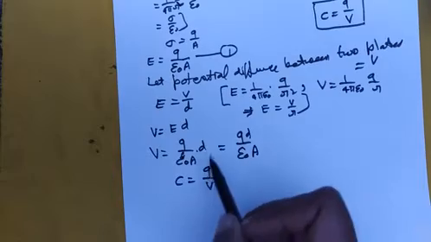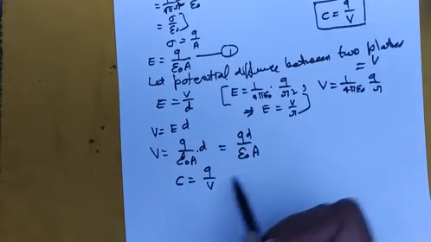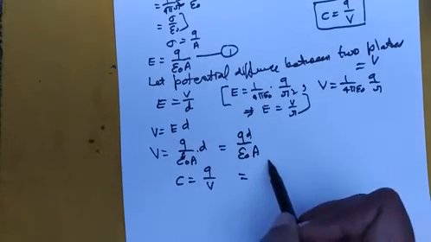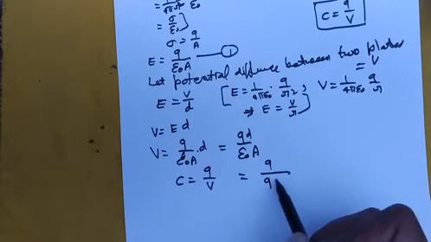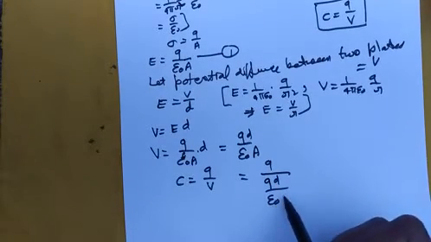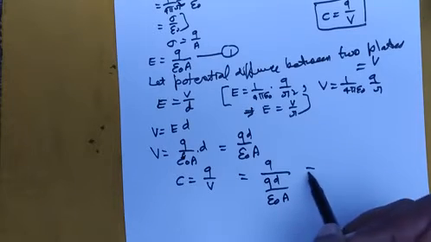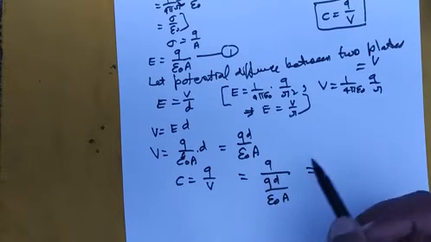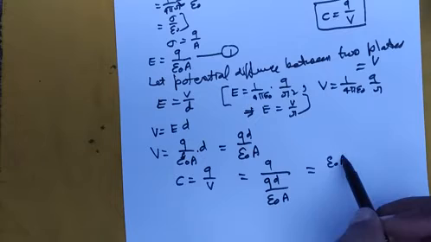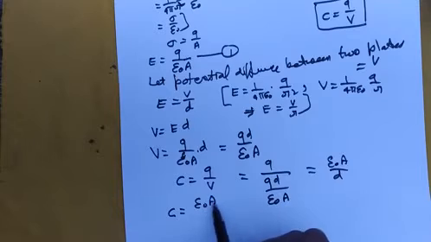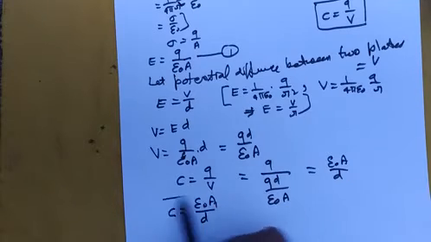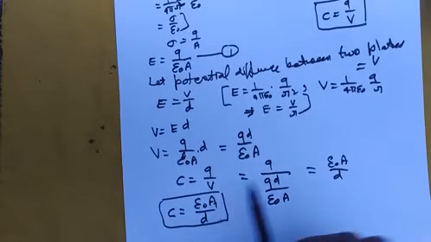Now put up the value of V from here. So this will be Q by, in place of V, QD by epsilon naught A. So Q, Q cancel out, it will be epsilon naught A by D. So C will be equal to epsilon naught A by D. This is the required relation.